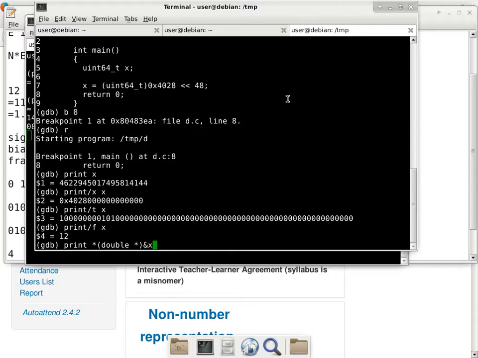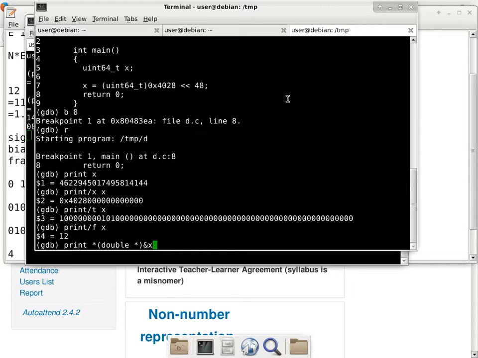So, by the end of the typecast operator, what do I have? I have an address of a double precision floating point number. And with an address, one thing you can do is dereference it, right? So you're basically saying, give me the value at that address. But what kind of value are we talking about?